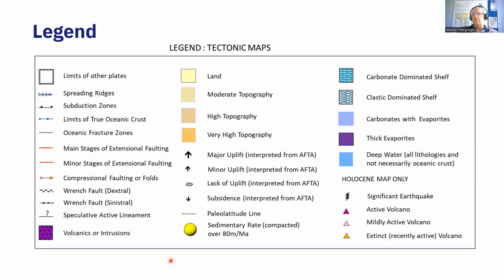So the legend for the maps, at least for the paleotectonic maps, the main things to look for are the limits of other plates with this hash diagram. This railway sign is for the spreading ridges, quite difficult to see when they first form. Subduction zones are relatively minor. You see them on the northern side.